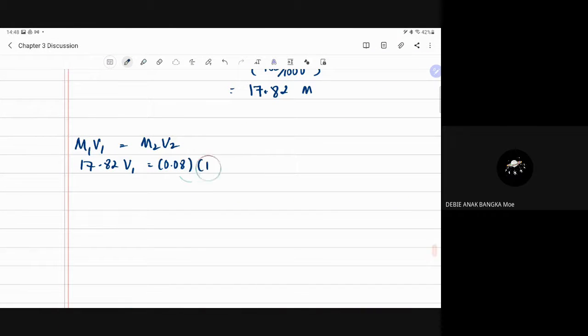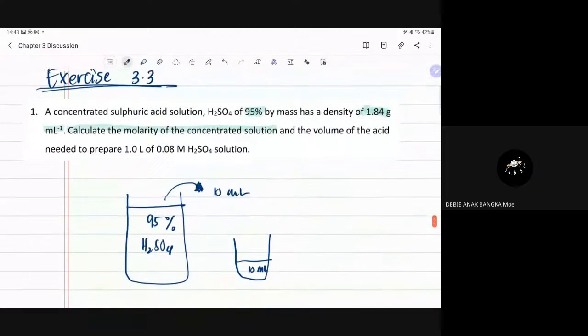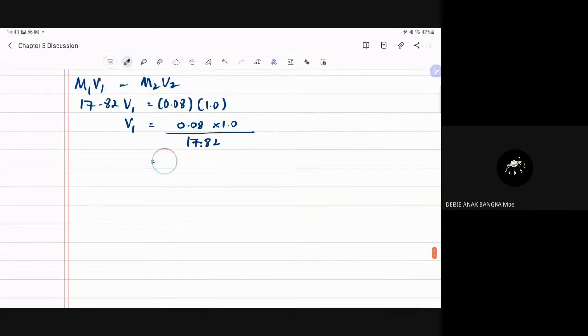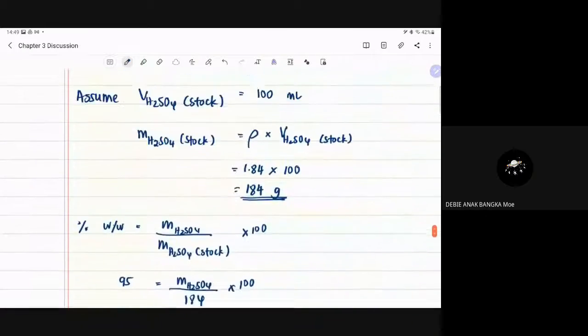Jadi V1 sama dengan 0.08 darab 1.0 bahagi dengan 17.82. Jadi jawapan dia kita akan dapat volume dia 4.49 darab 10 negatif 3 liter. Okay. Itu adalah jawapan dia.